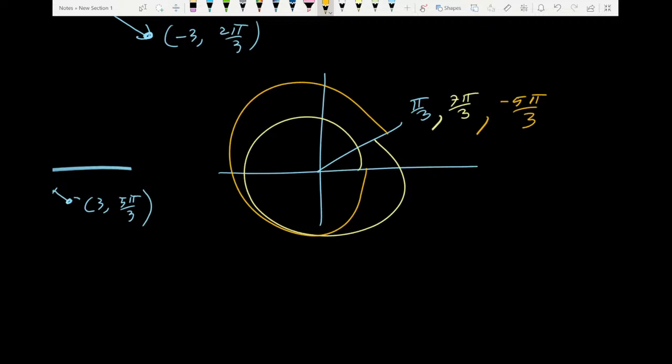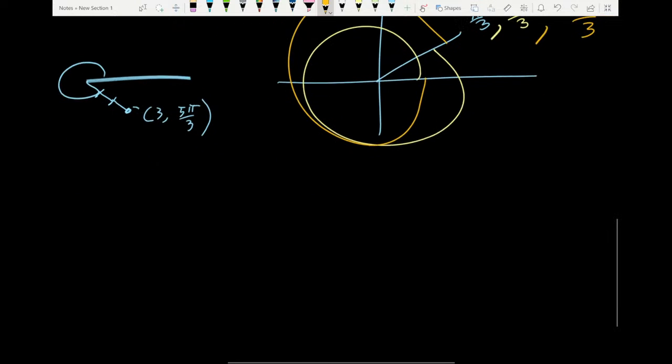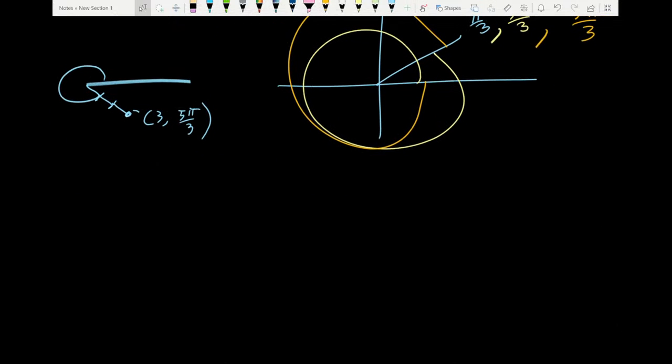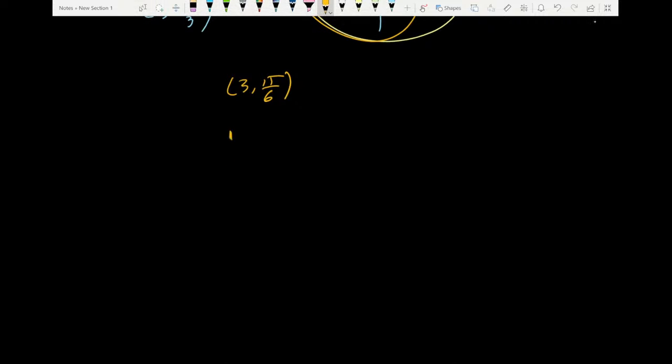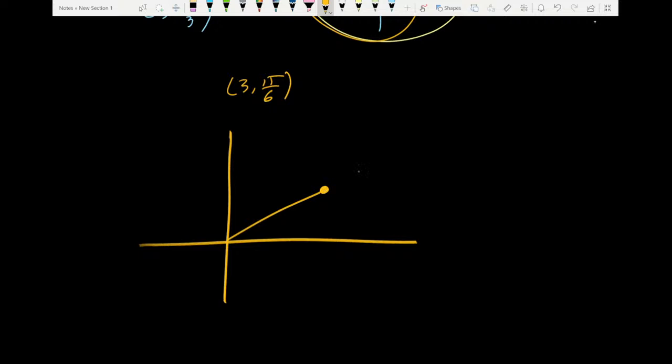So these are all coterminal angles. We're going to come back, and let's do this one problem. If I give you (3, pi over 6), let's draw (3, pi over 6).